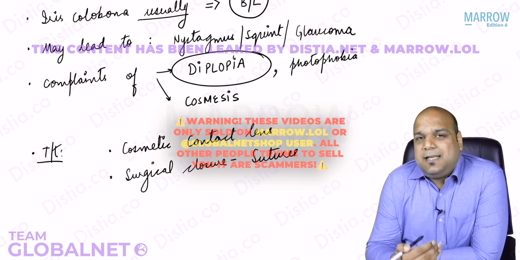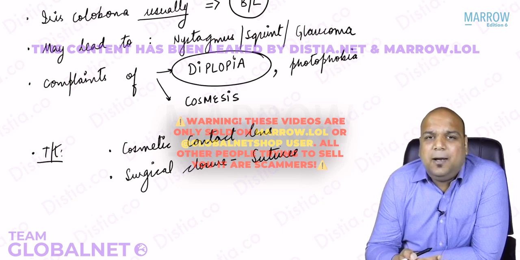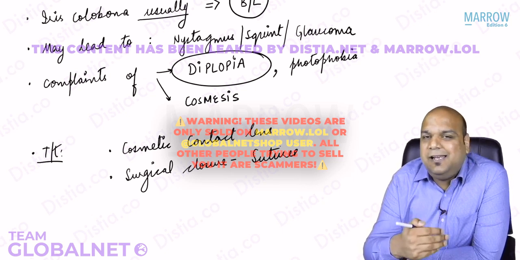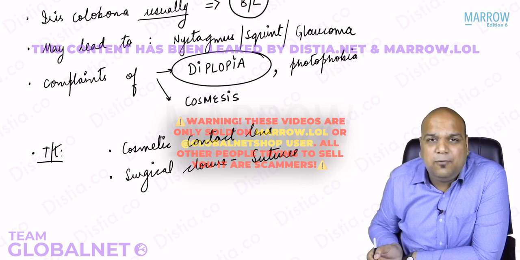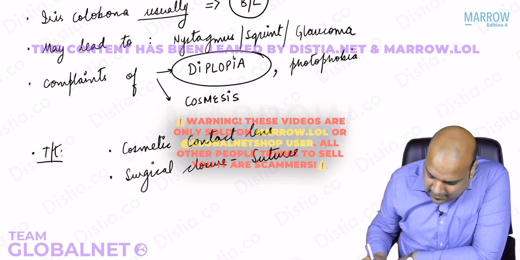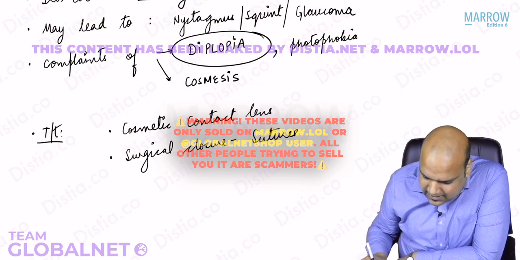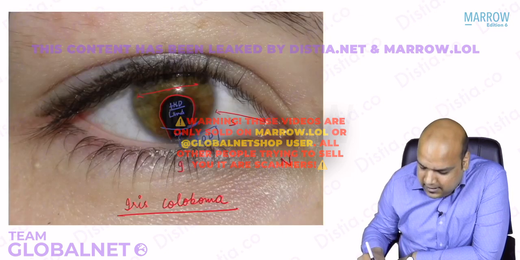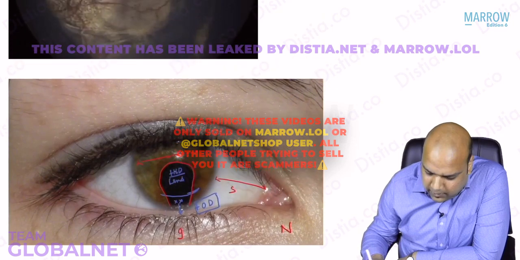Yes, so this is another coloboma, everybody, iris coloboma. Usually you end up getting photographs of this and asked what it is. So the missing part should very clearly indicate to you that you are looking at an image of iris coloboma. Apart from this, everybody, please remember that, as I have said, there can be an optic disc or a retina coloboma also.